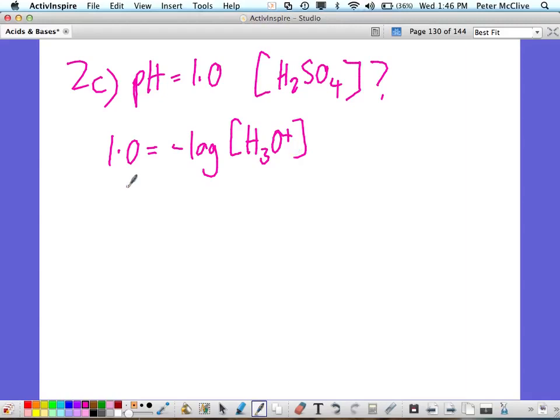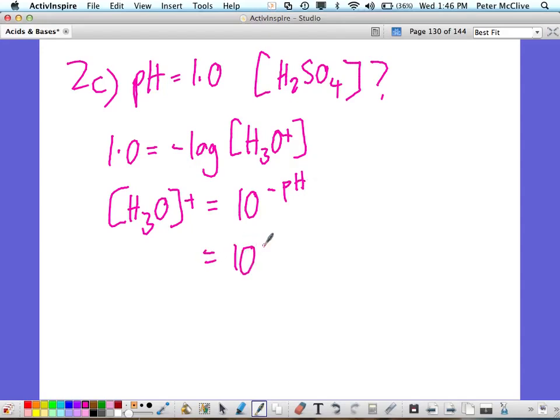Okay, so you can write it around, or you can write it that way. H3O plus equals 10 to the minus pH. It's a funny way of writing it, but they can do that. Okay, equals 10 to the minus 1. Equals 0.1.